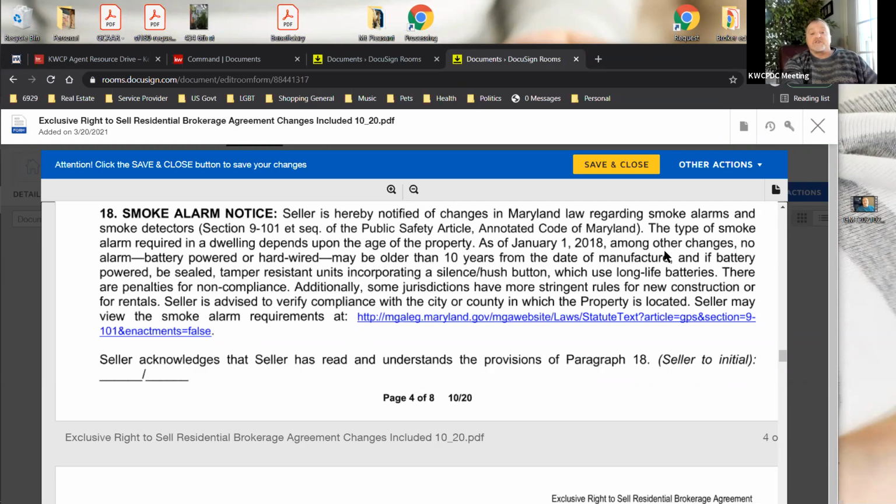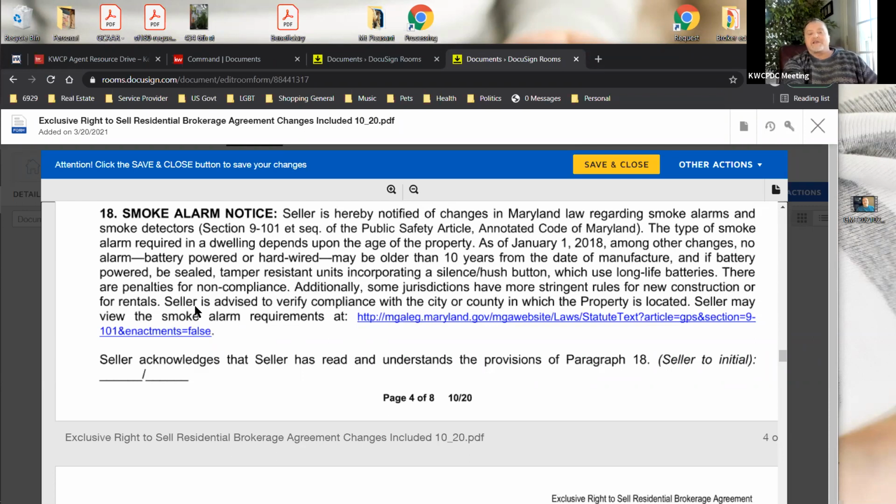Additionally, some jurisdictions have more stringent rules for new construction or rentals. Seller is advised to verify compliance with the city or county in which the property is located. So that's saying here that the seller has the obligation to verify that compliance. It's not saying that the brokerage is obligated to mandate that.